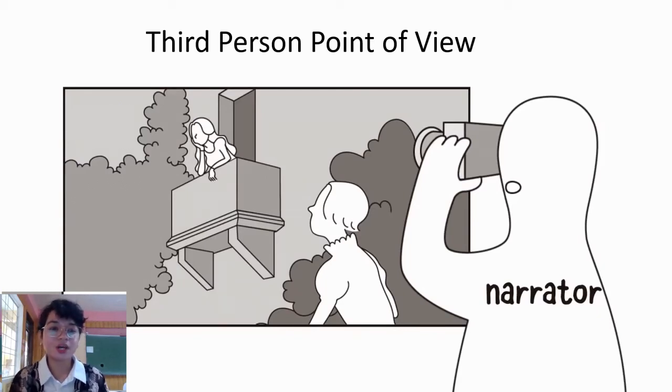For example, when we say Romeo was so delighted, his heart was pumping really hard as he saw Juliet, that's an example of a third person limited point of view. The narrator tells us the emotions and feelings of a specific character only.